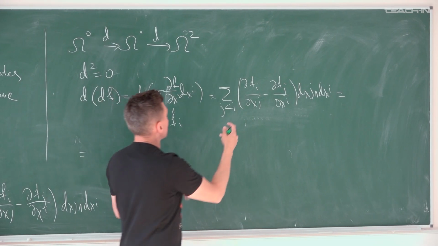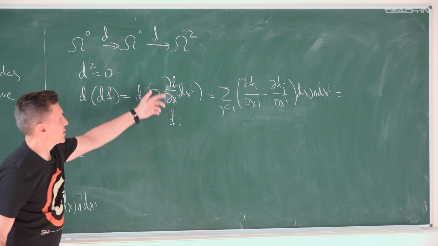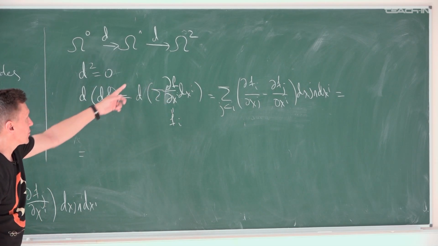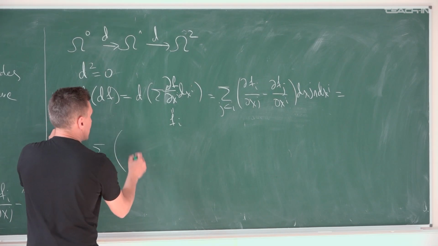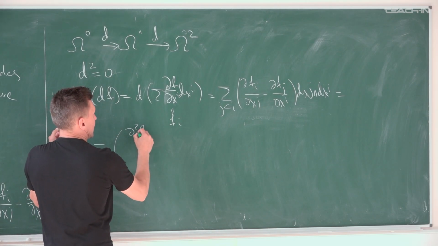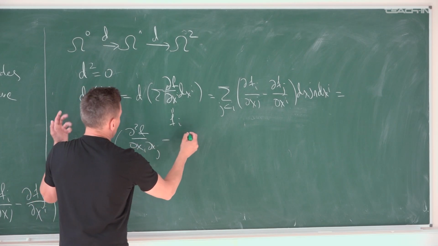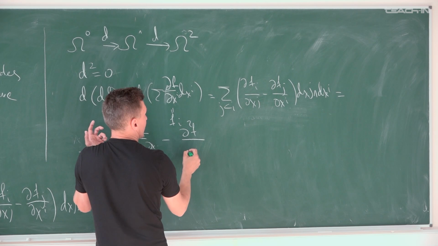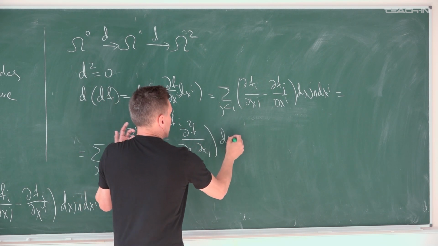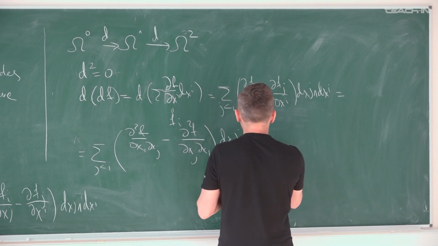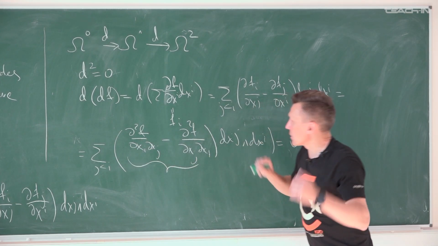And we apply this differentiation to fi, which are partial derivatives of f. Then we obtain d square f over dxi dxj minus d square f over dxj dxi, and it is 0 because all the summands are zeros.